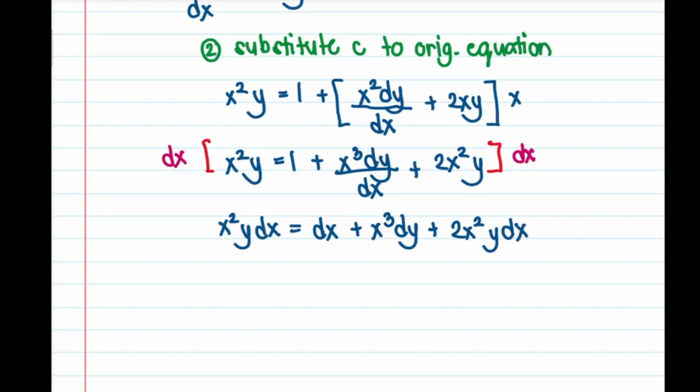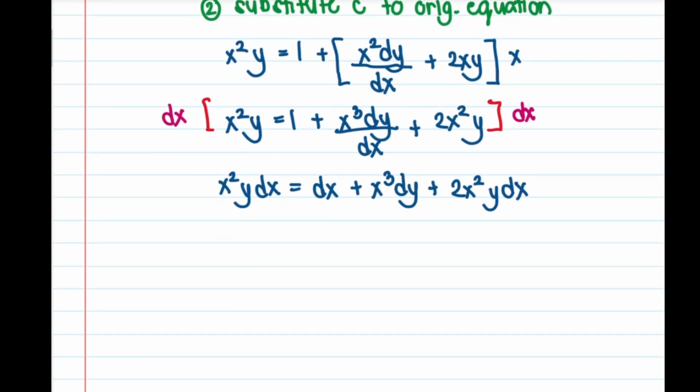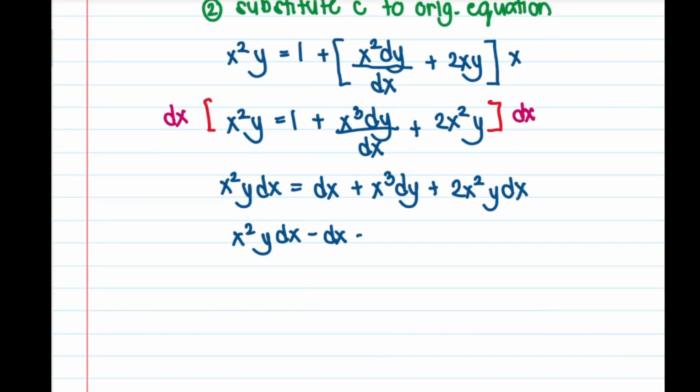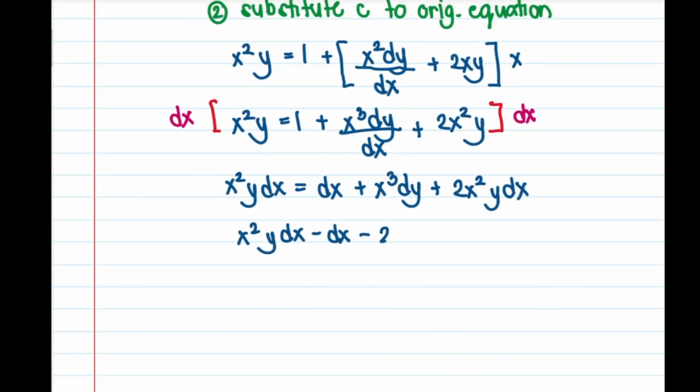Okay? So let's further simplify the equations. So transposing the equations: x squared y dx minus dx minus 2x squared y dx minus x cubed dy equal to 0. So let's see what we can simplify here.